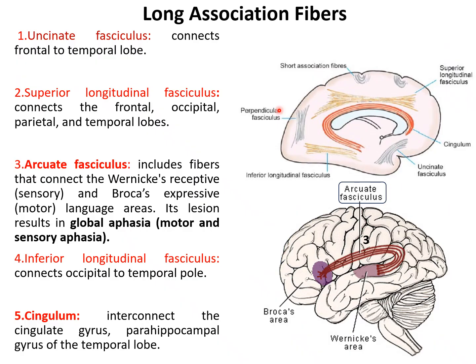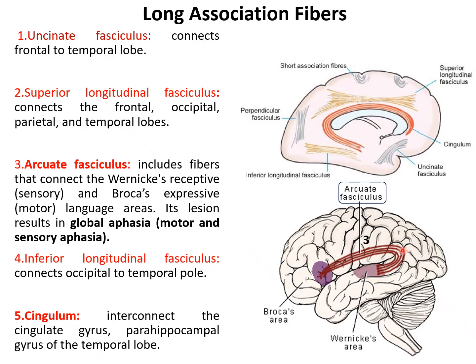So here is an example of long association fibers. Sorry, this one is the arcuate fasciculus, which connects the motor speech area, or Broca's area, with the Wernicke area, or sensory speech area.